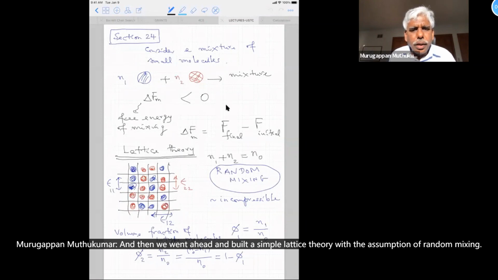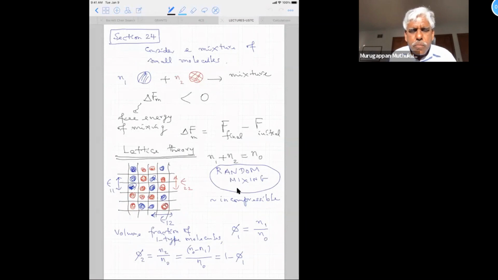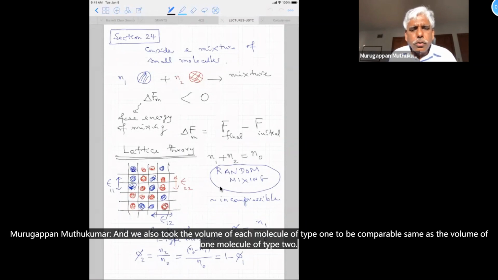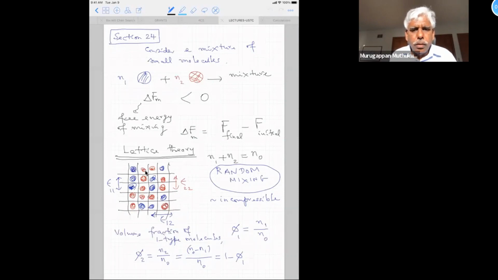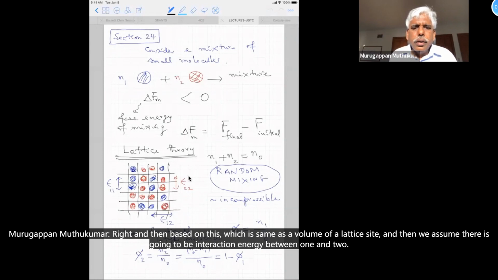And then we went ahead and built a simple lattice theory with the assumption of random mixing. And we also took the volume of each molecule of type 1 to be the same as the volume of one molecule of type 2, which is the same as the volume of a lattice site.